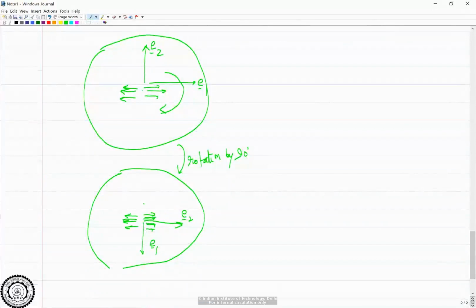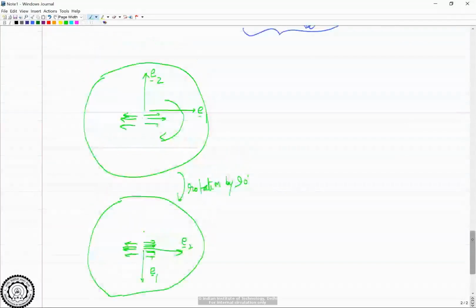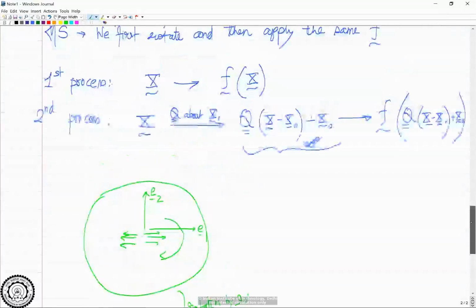The stress, if you measure, will be the same in both the cases. So that is why we want to first rotate the body and then apply deformation. Is it clear to you? Yes, sir. Okay, anybody, if you can't understand, please ask me.